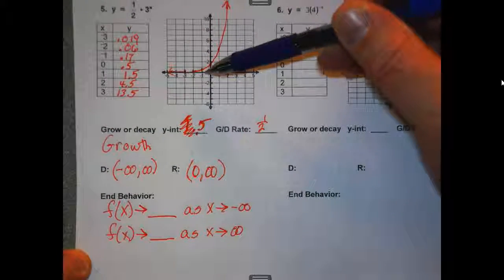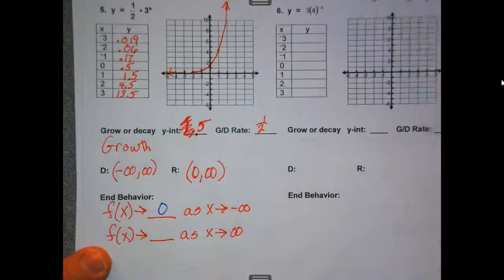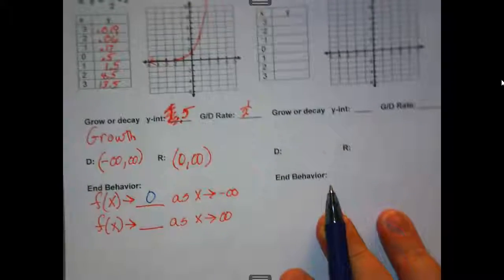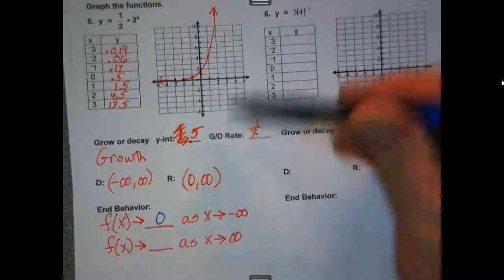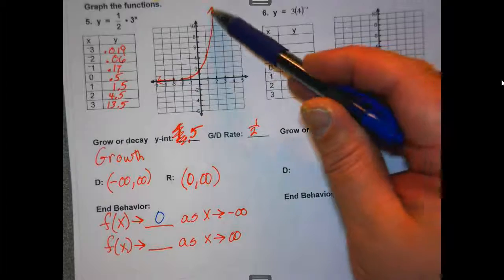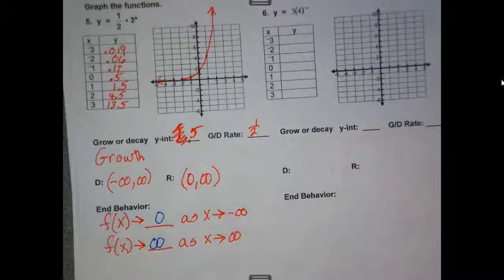As x goes to the left, it goes to 0. Good. Okay. As x goes to the right, what happens to my y? Yep.